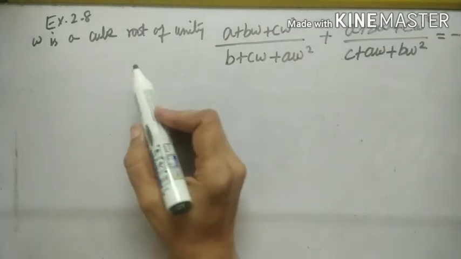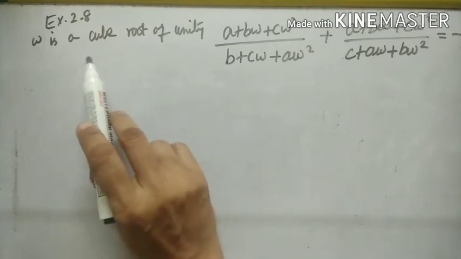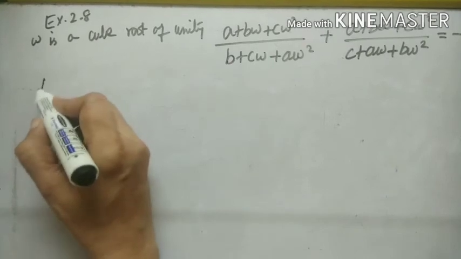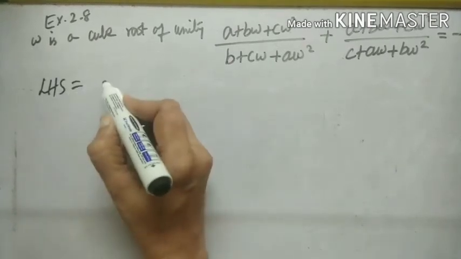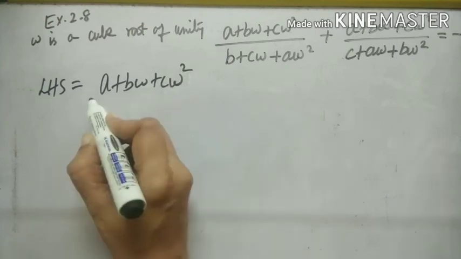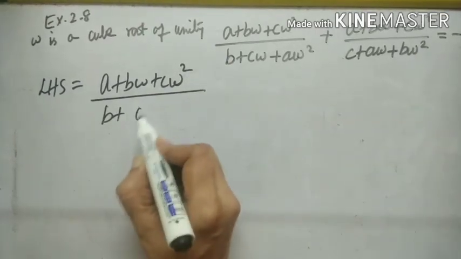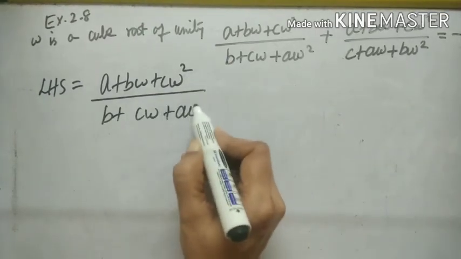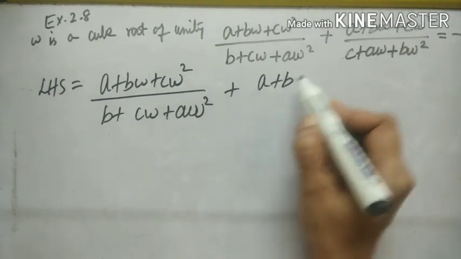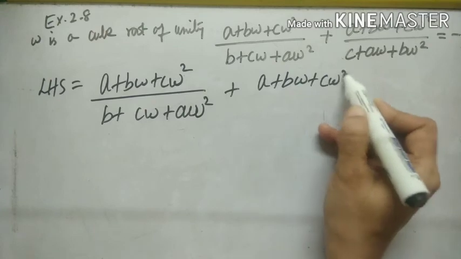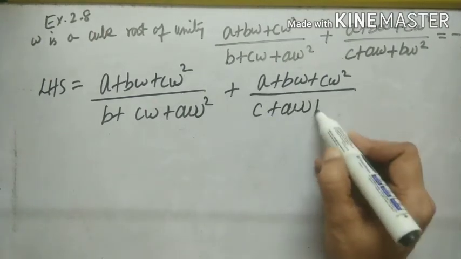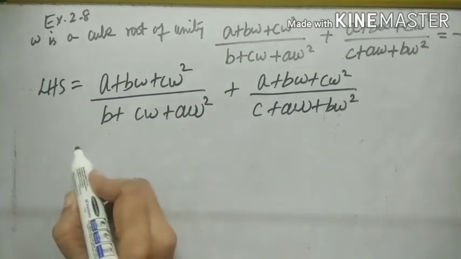Here is a simple problem that we do using omega as a cube root of unity. So we start with LHS. The LHS is (A plus B omega plus C omega square) divided by (B plus C omega plus A omega square), plus (A plus B omega plus C omega square) by (C plus A omega plus B omega square).